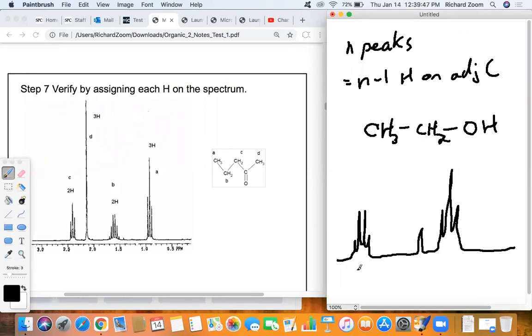This will be about, say, 4 ppm. This will be about 1 ppm. This will be a 2H. This will be 3H. And this will be 1H.